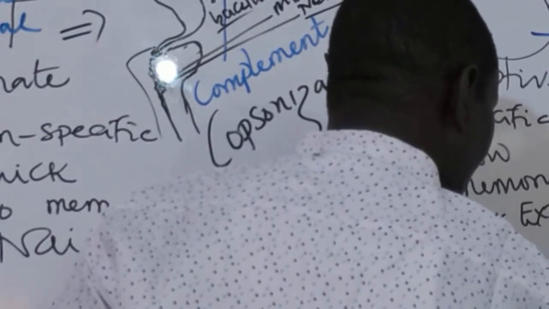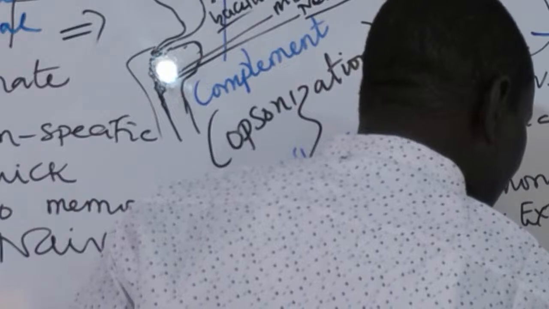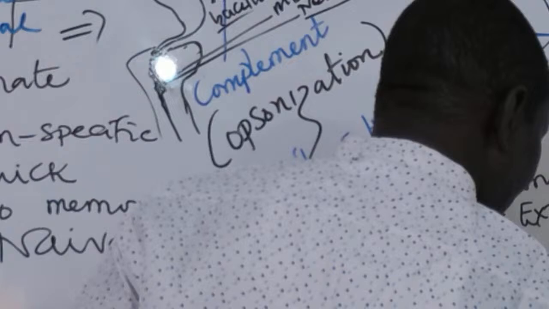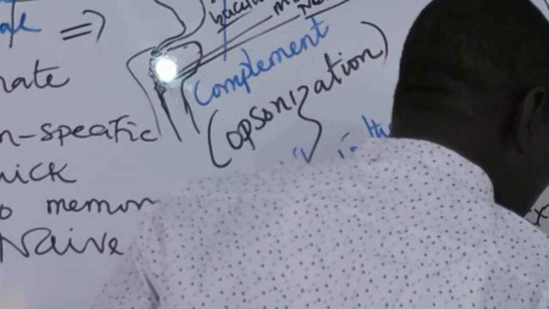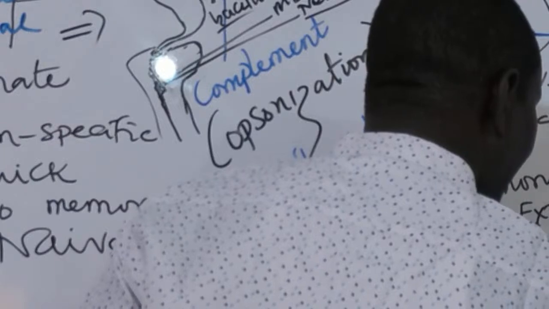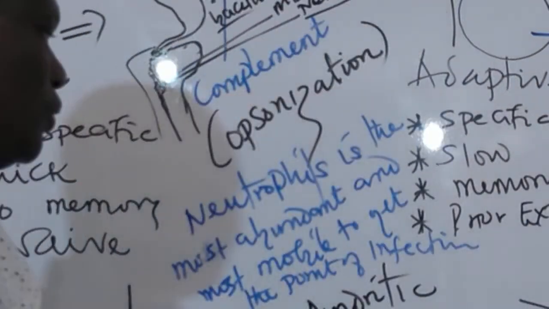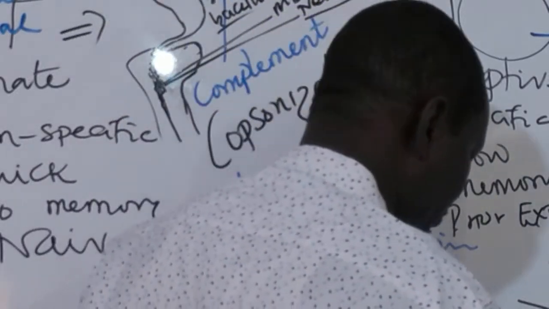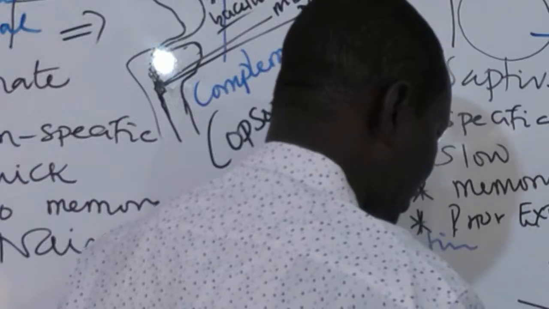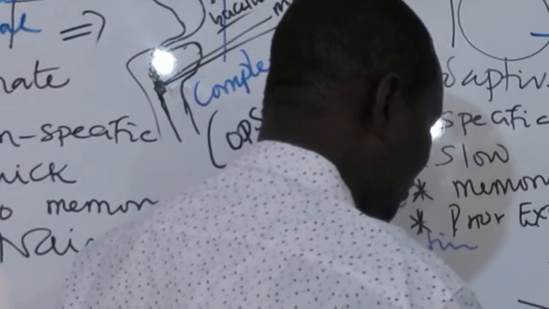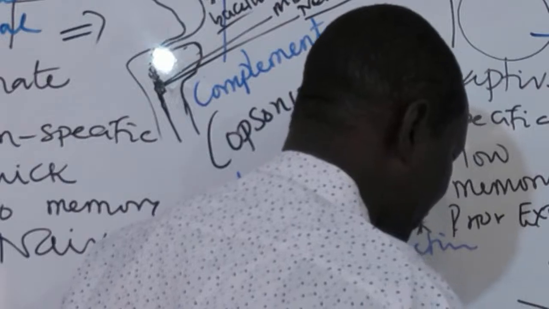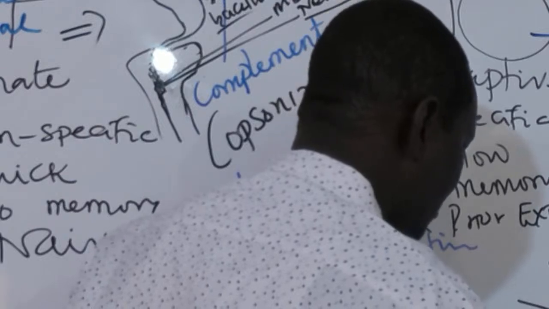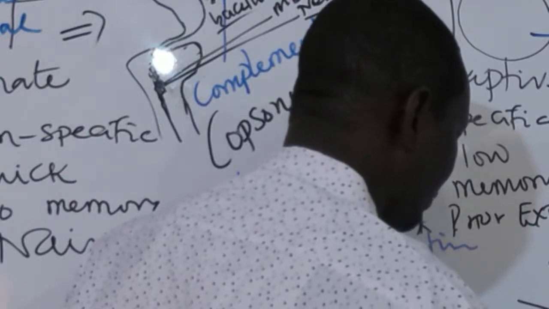Inside the lungs you have alveoli. Inside the lung is where macrophages are readily present. So immediately there is a mycobacterium tuberculosis infection, the macrophages will be recruited to the site of that infection, and the macrophages will go and swallow and surround the mycobacterium tuberculosis, which is the bacilli.